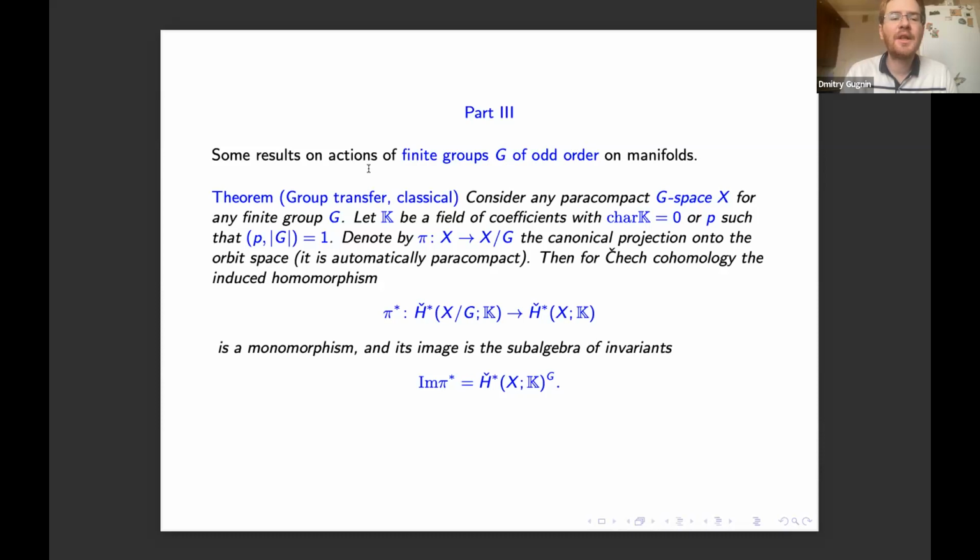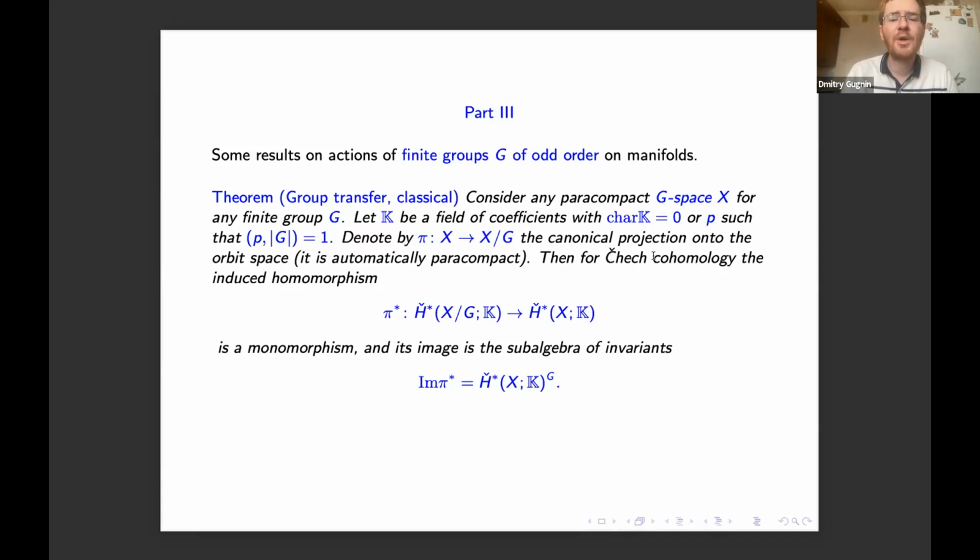First of all, I want to say some classical theorem about group transfer. Consider any paracompact G space X for any finite group G, and let K be a field of coefficients with characteristic equal to 0, or p such that p doesn't divide the order of G. Then, if you have this canonical projection onto the orbit space, this is automatically paracompact.